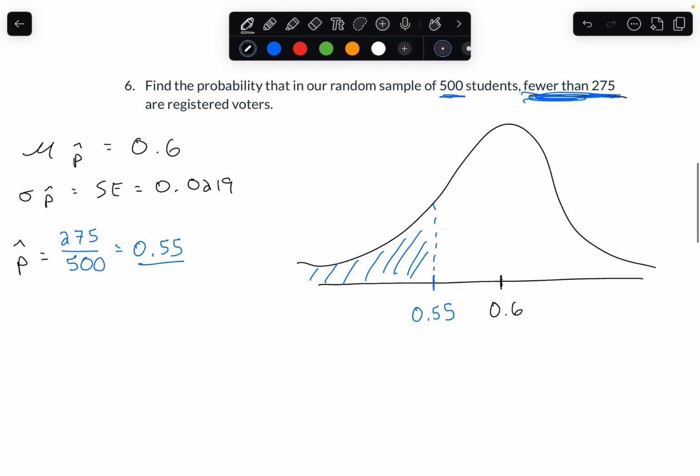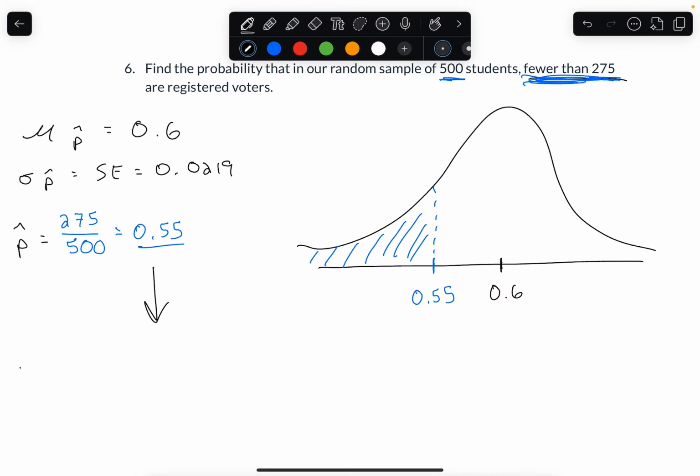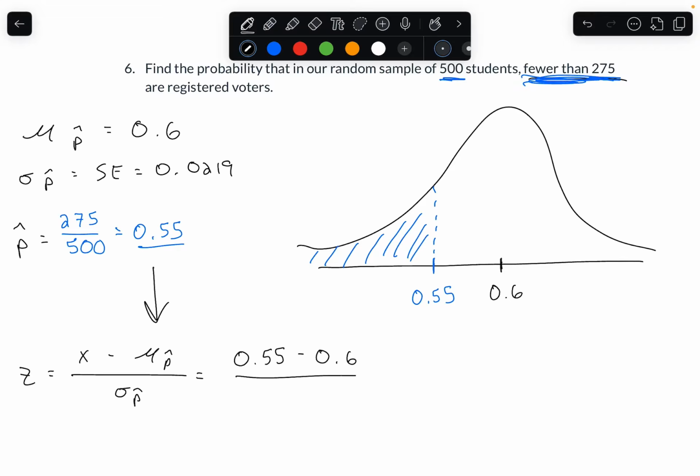Just like last time, I need to start by finding the z-score corresponding to this p-hat, and once I have that, I can use my z-table. So my z-score, we said, was x minus the mean of the sampling distribution divided by the standard error, or the standard deviation of the sampling distribution. So x is 0.55 minus my mean, which was 0.6, divided by my standard deviation, 0.0219.